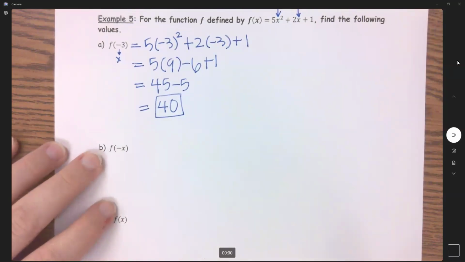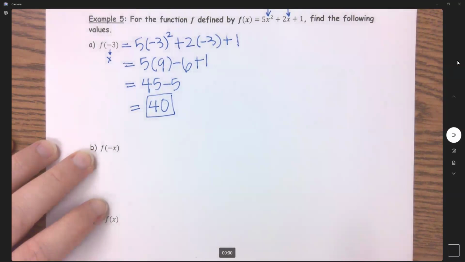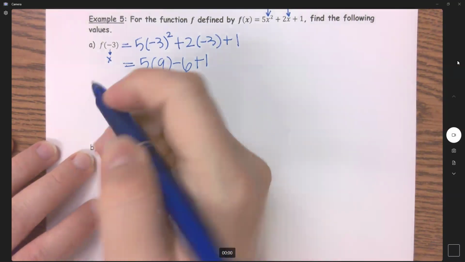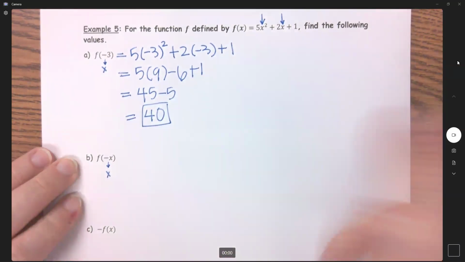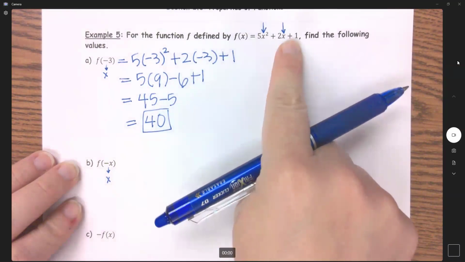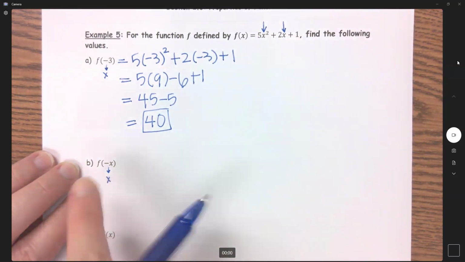This should look kind of familiar. This is how we checked if a function was even or odd when I had f of -x. So again, this is representing what x equals. So same thing, where I see these x's, I am now substituting in what x equals, which is -x.